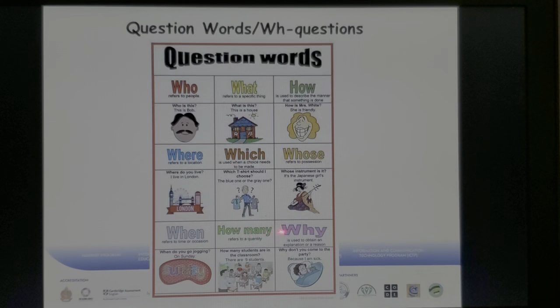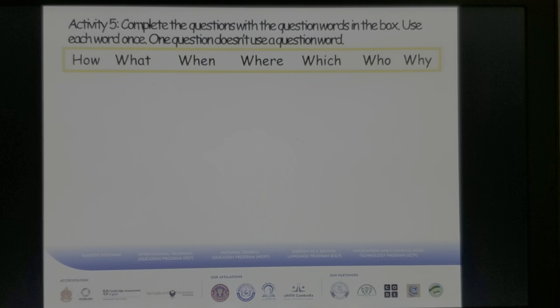Okay. And why? The question why is used to ask what? To obtain an explanation or a reason. Example, why do you study English? Why don't you come to the party? It gives the reason. So I just showed you a little bit about question words. You just need to know how, what, when, where, which, who, and why.